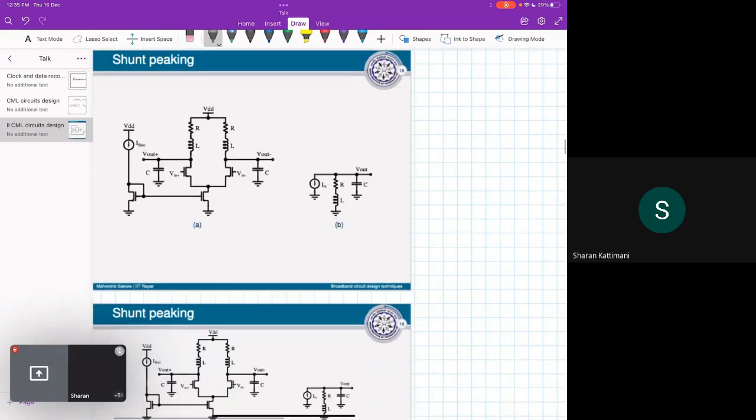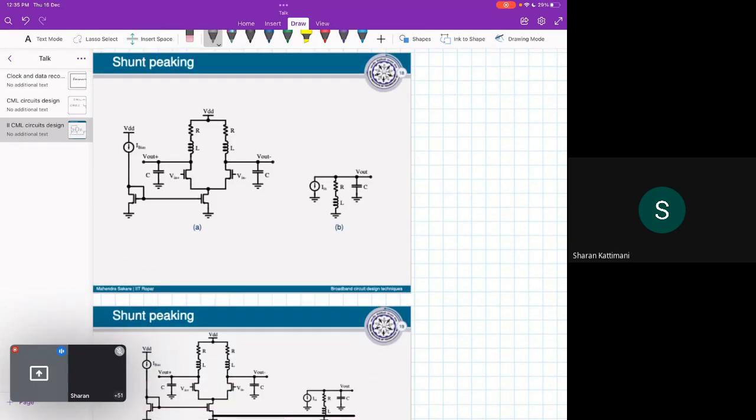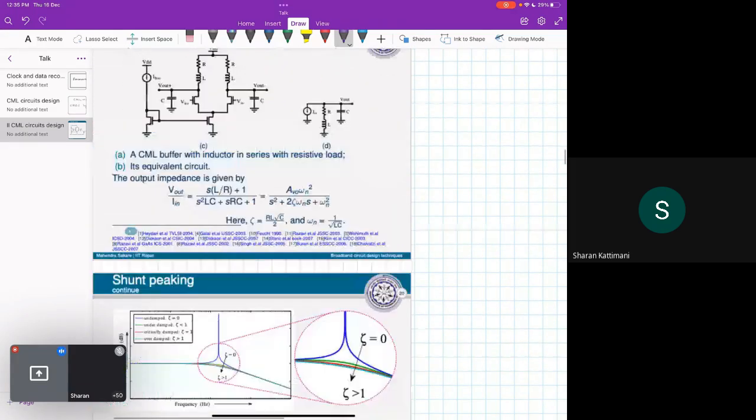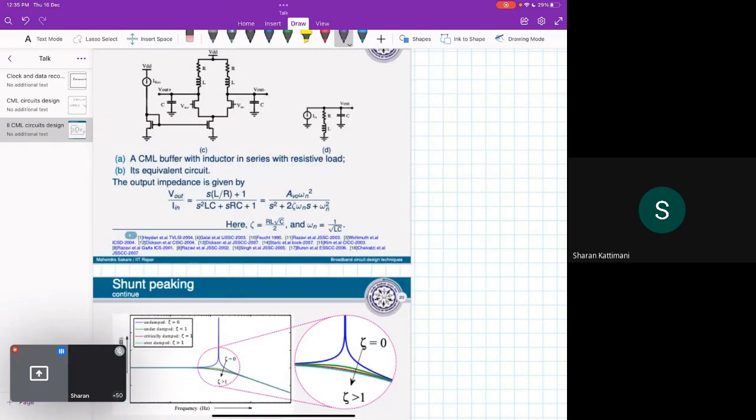So if we see the small signal model, this is the small signal model. Now this inductor is in series with the resistor. Okay, and when we take Vout by Vin, we try to find the impedance here. So we get this equation.